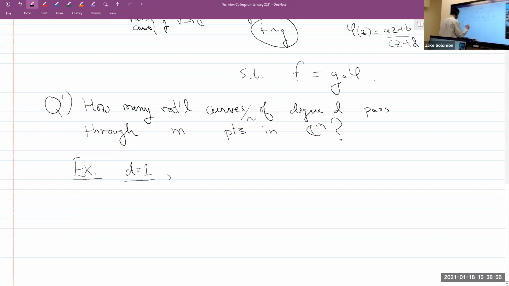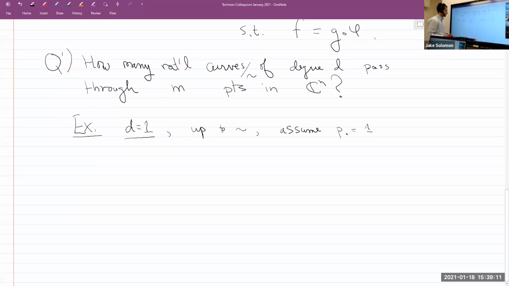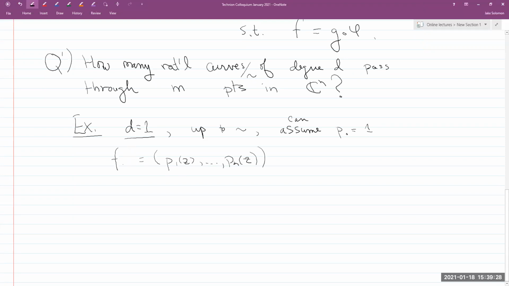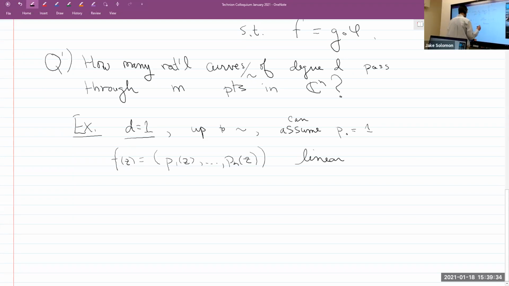Then up to equivalence, we can assume that p0 is just equal to the constant function. So we can make that simplifying assumption. Then f is just going to be equal to p0(z), p1(z), up to pn(z), which is just going to be a linear function. So of course, that's just a line.